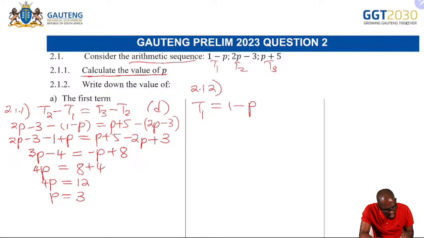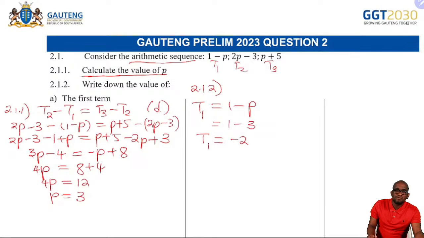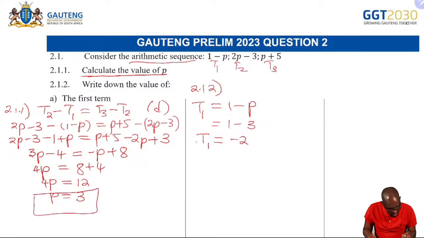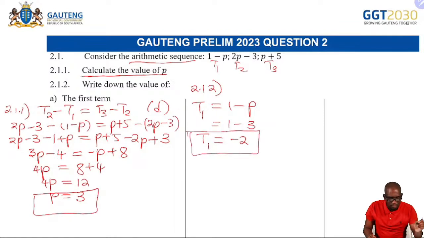T1 is 1 minus p. Now you know what p is, so this would be 1 minus 3, which would give you minus 2. So already you've worked out T1. You got that p is 3, therefore T1 becomes negative 2. Right, let's move on.